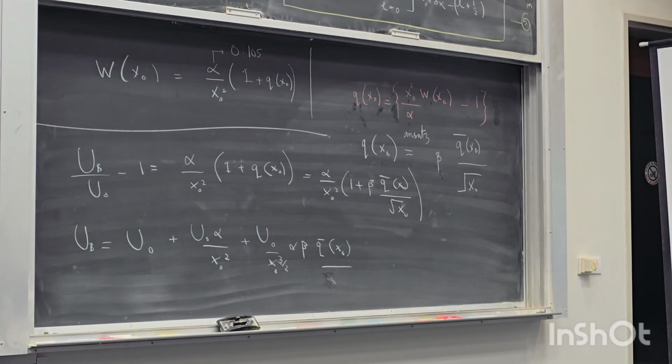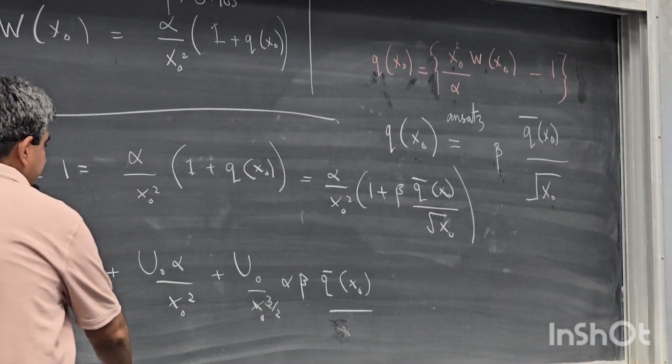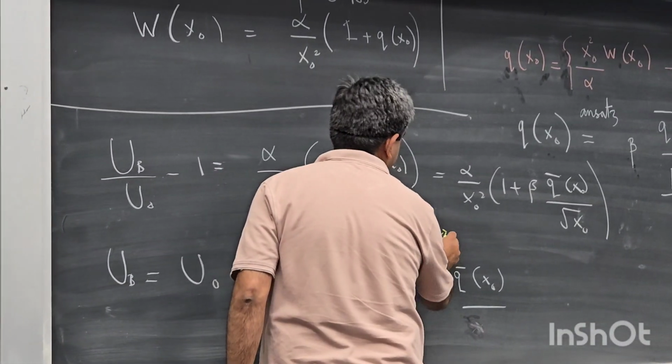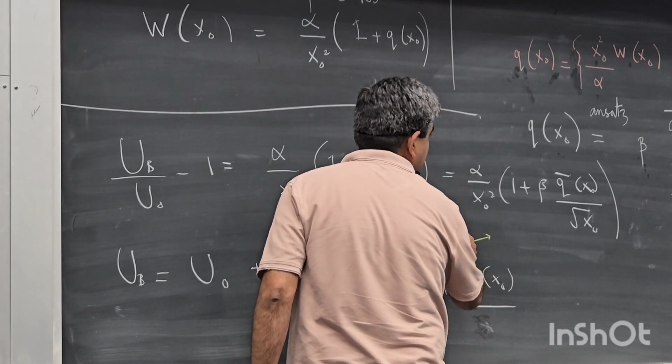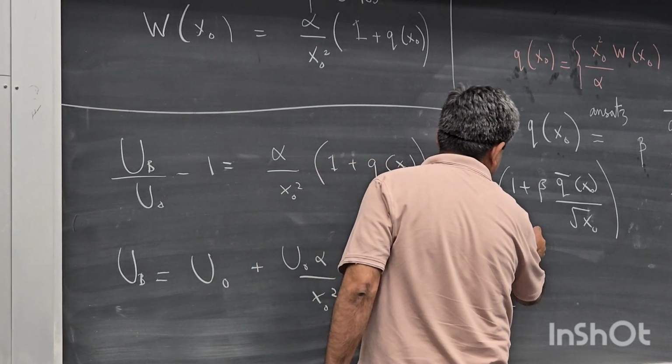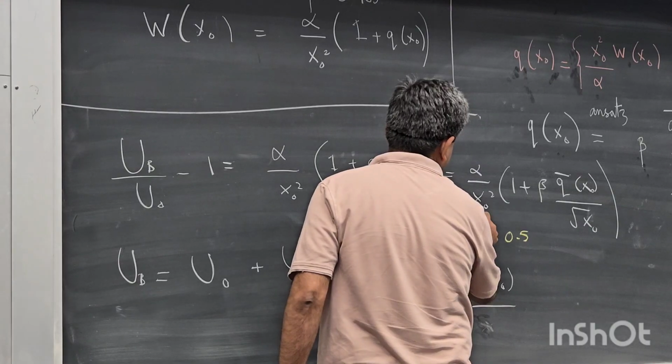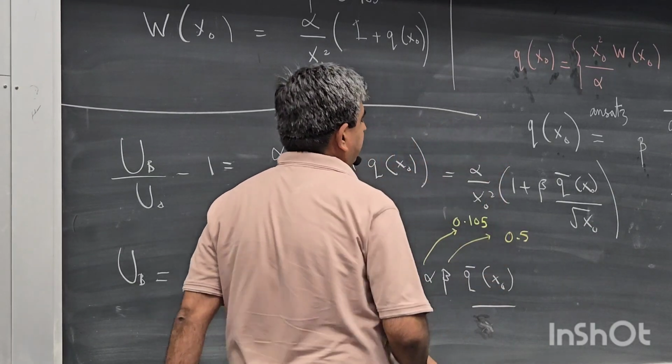So this is my final expression for the energy of these free electrons in the presence of a magnetic field, and alpha and beta have been found in a semi-numerical fashion. Beta is 0.5 roughly, and this is 0.105 roughly.